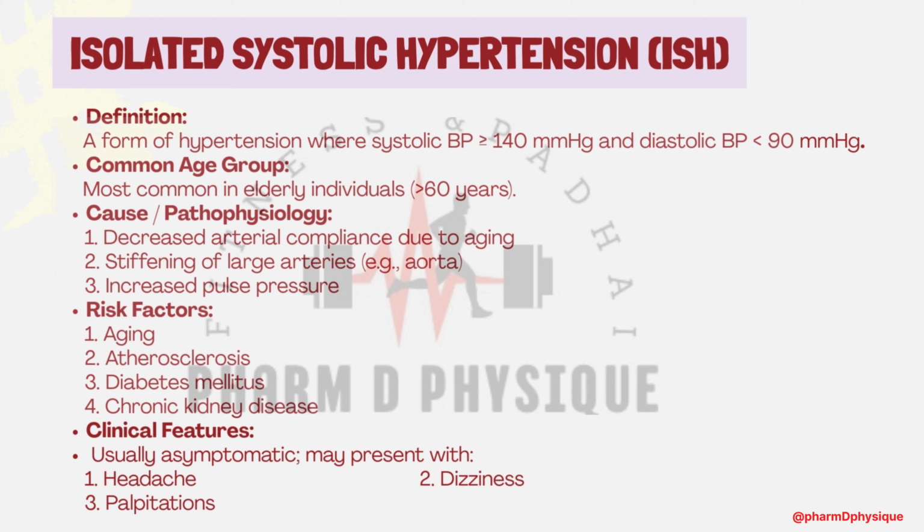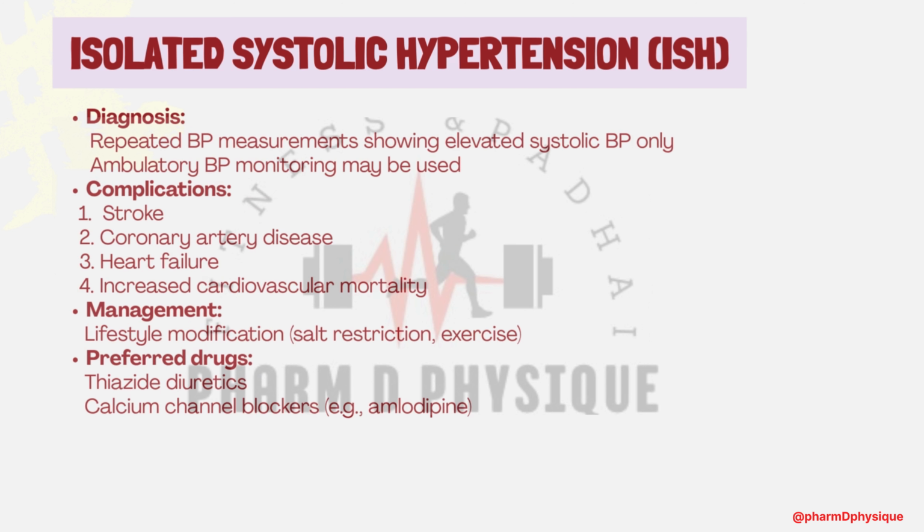The loss of elasticity in the arteries like the aorta is mostly due to arteriosclerosis. The Western lifestyle and diet is believed to be the root cause for isolated systolic hypertension.